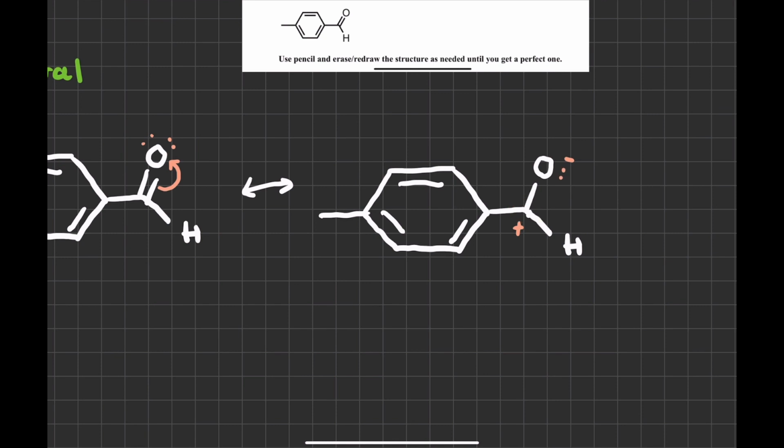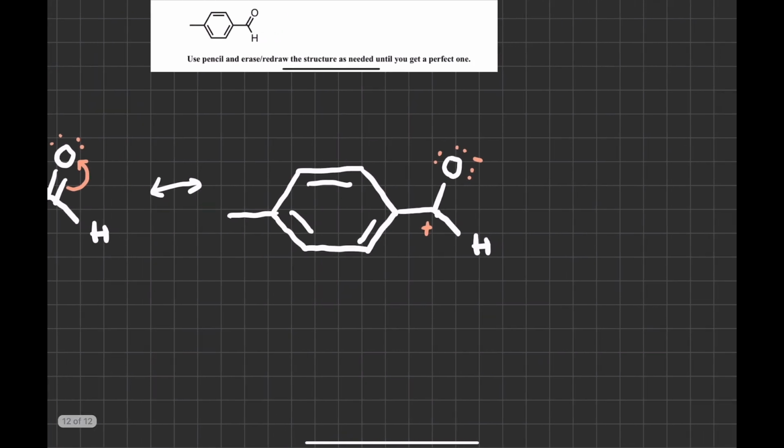Well, we just added an extra lone pair onto this oxygen, and if we just quickly calculate the formal charge, oxygen has 6 valence electrons and 6 lone pair electrons and 1 sigma bond, resulting in a -1 charge.